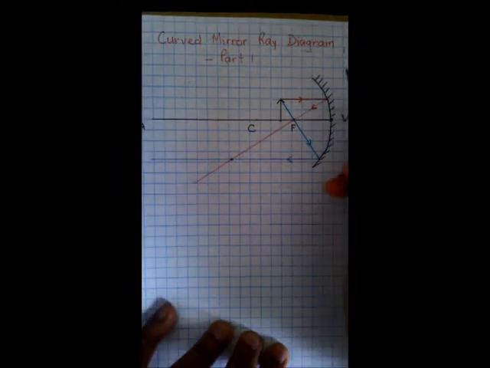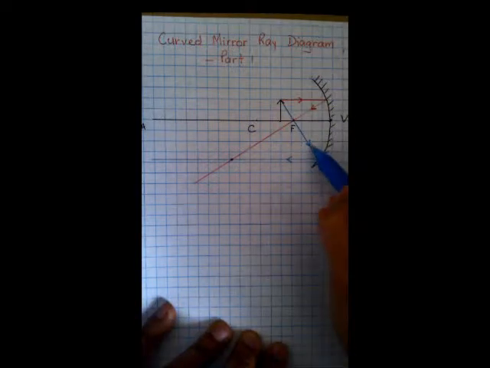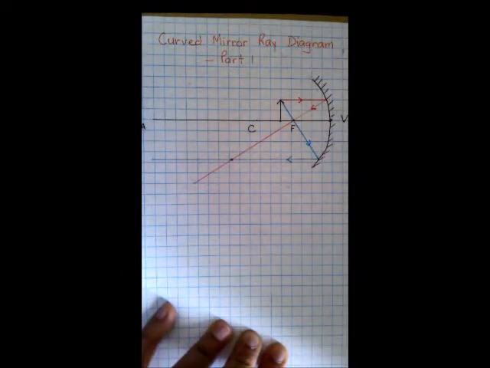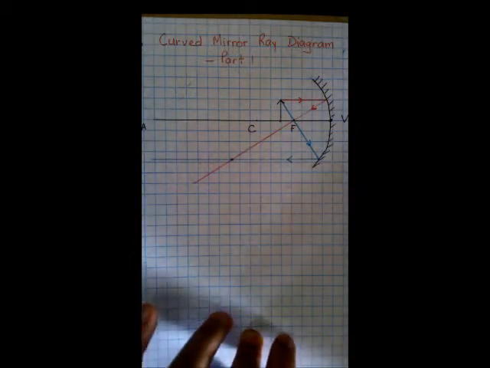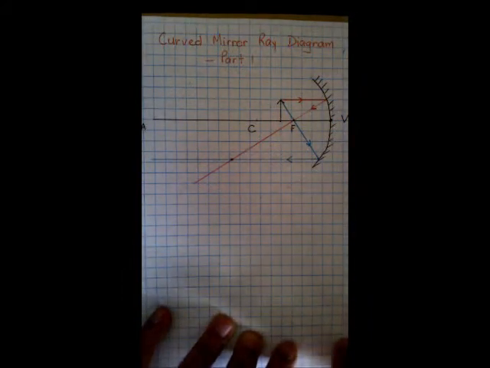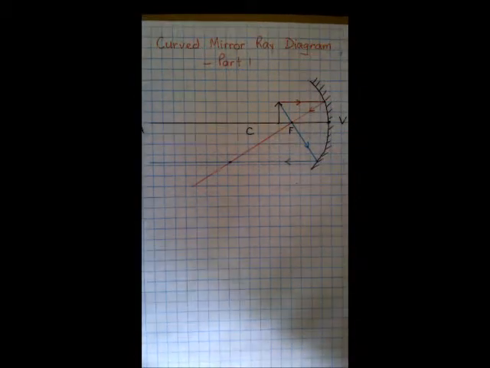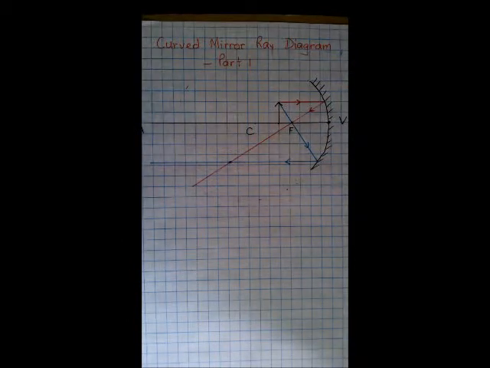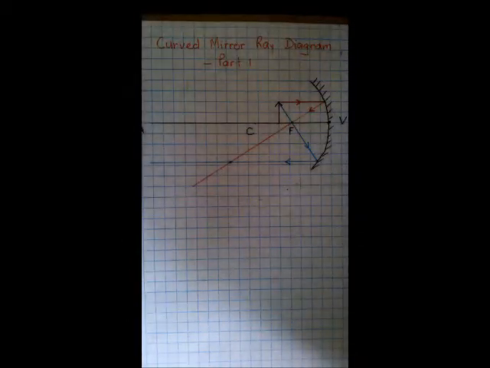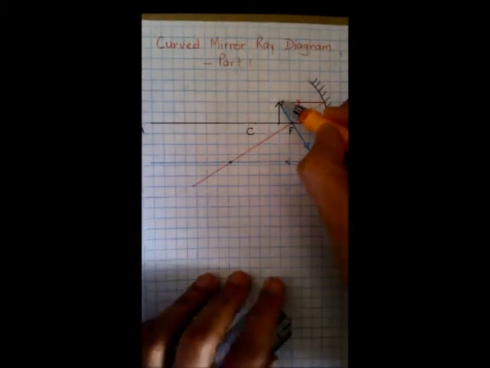Okay, so we went through ray 1 represented in red, ray 2 in blue. There is one more special ray which you might not need very often, but there are a few cases where you will actually need that ray. This is the ray that I'm going to draw in orange.